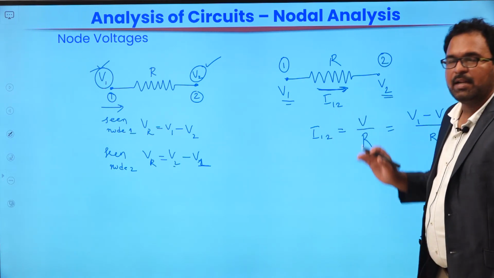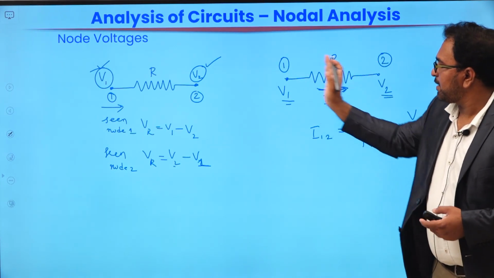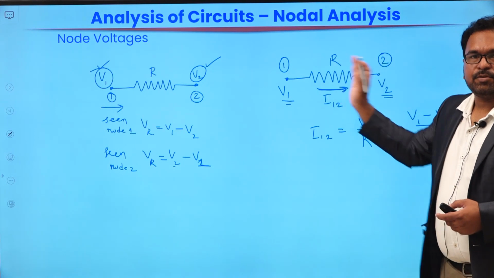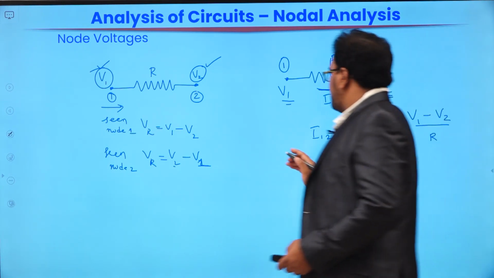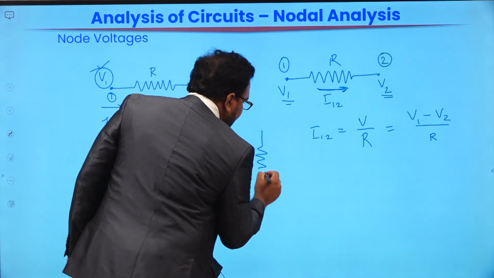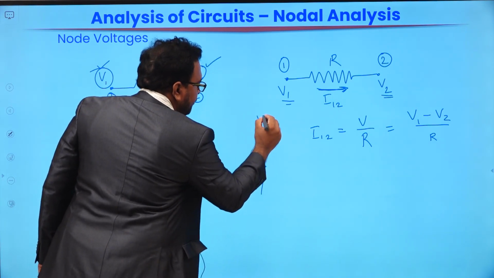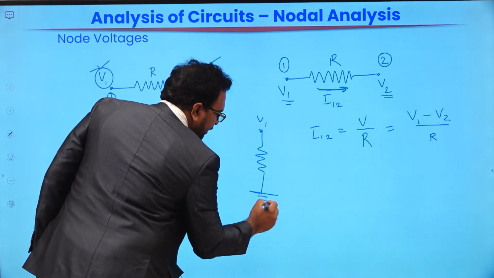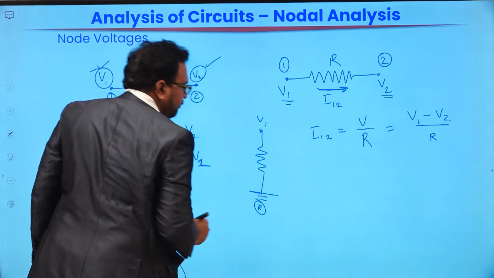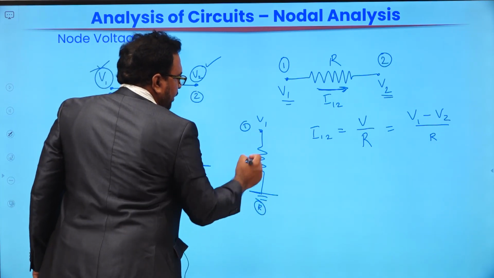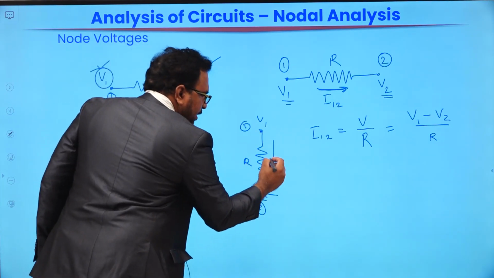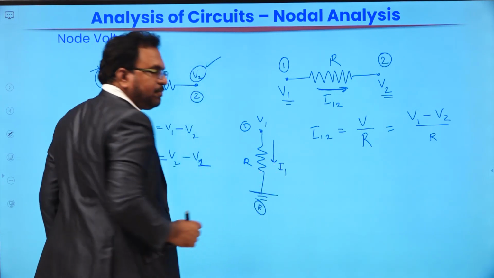That is how you calculate the current through an element when it is connected between two essential nodes. For example, if a resistor is connected like this, with V1 at one end and a ground reference node at the other, what is the current through this element in this direction?